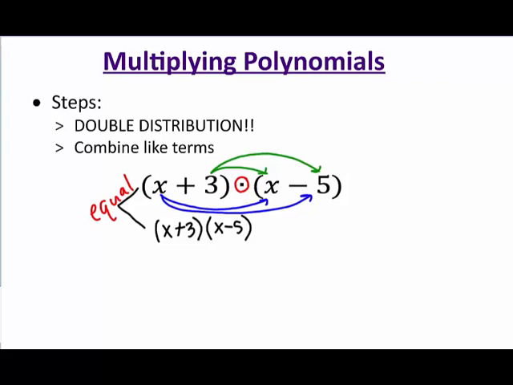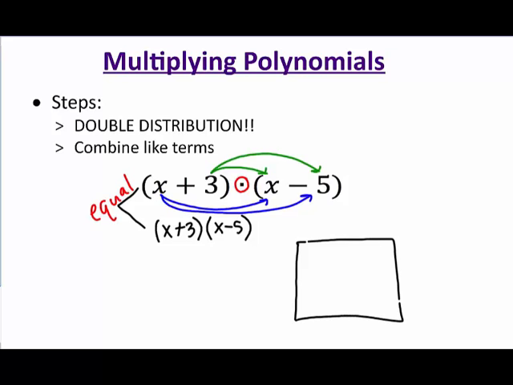Okay? So now on to multiplying. We have to double distribute, and I should show you that with those arrows, but I'm going to show you a trick for multiplying.